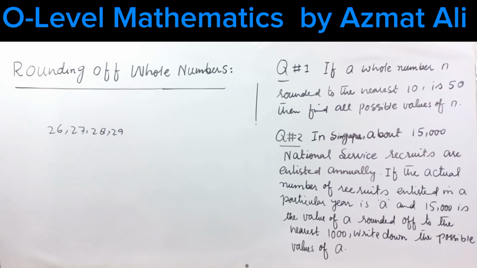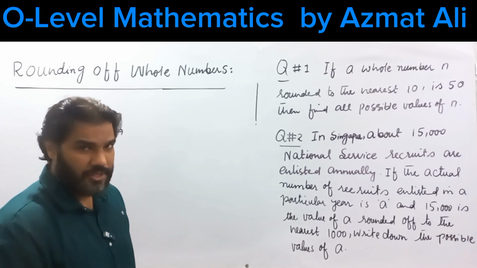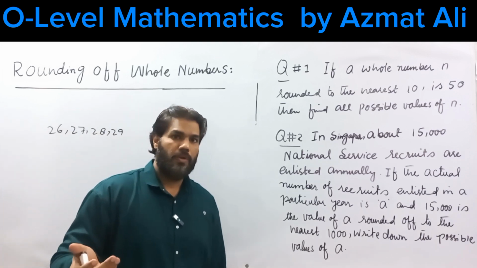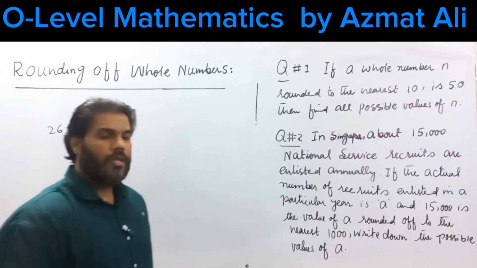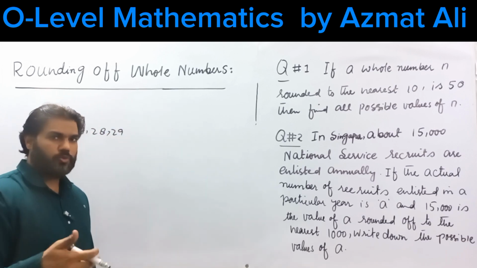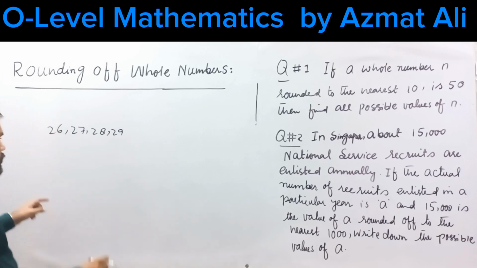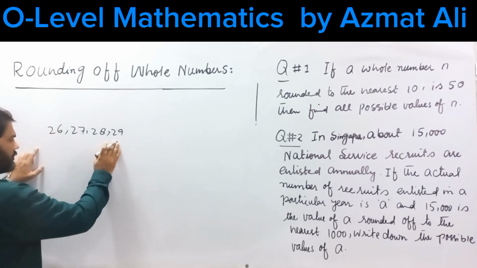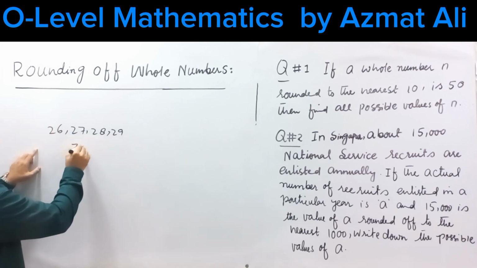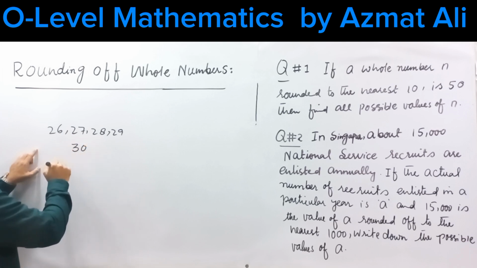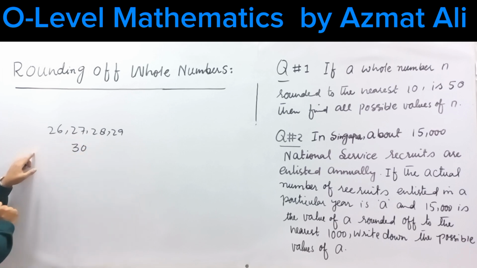If I ask what the rounded value correct to the nearest 10 is, all these numbers have the same rounded value correct to the nearest 10, that is 30.